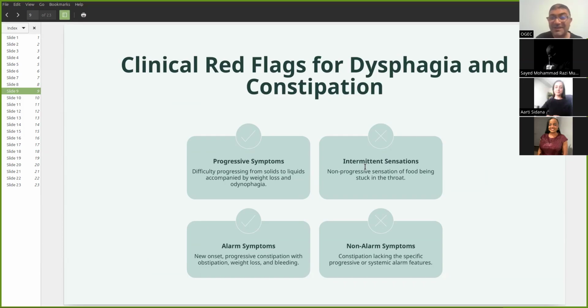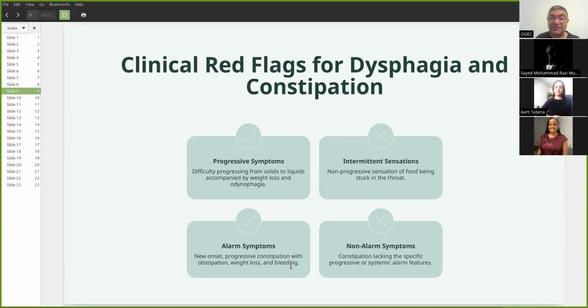If the symptoms are intermittent and not progressive, then it can be a sign of a benign condition. We have to think about alarm symptoms when it's new onset, progressive, and accompanied by weight loss and bleeding.